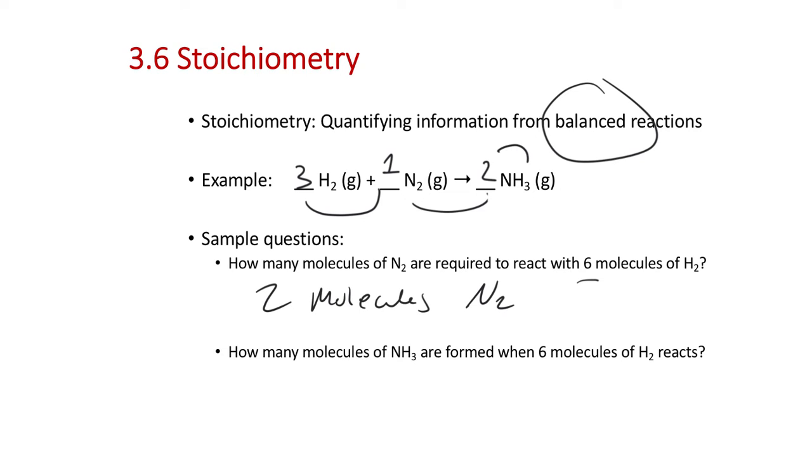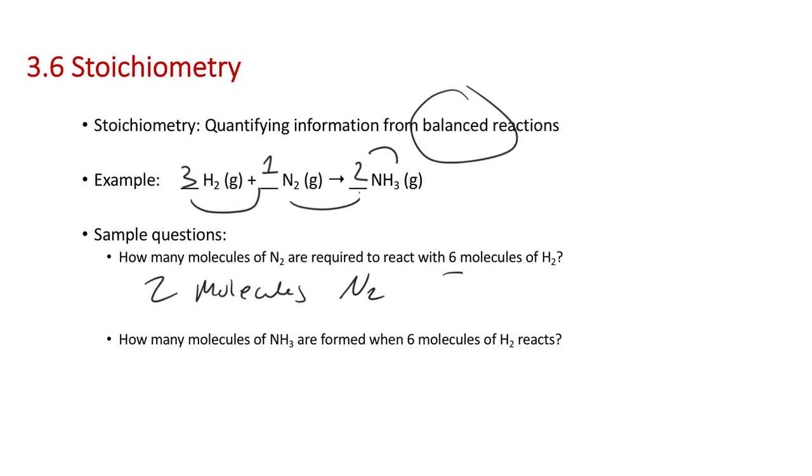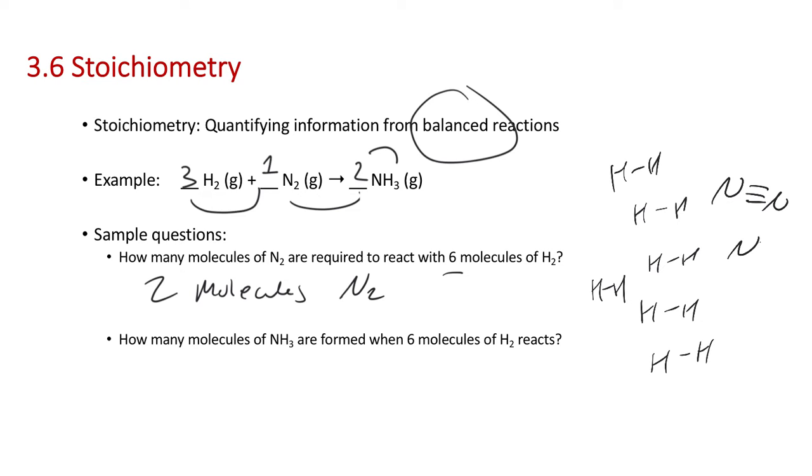Now, at the molecular level, sometimes you can just sort of picture this out. You can literally sketch, imagine making a little box where you have 6 H2s. You may not know the type of bond that forms between them, whether it's single, double, or triple, but you just imagine some type of bond between those hydrogens. So I have 6 of them here. And then obviously you can picture nitrogen, which turns out to be triple, but again, you may not know this, and that's not such a big deal because we could just write this as N2 instead of showing the bonding nature if we just want to picture this out.